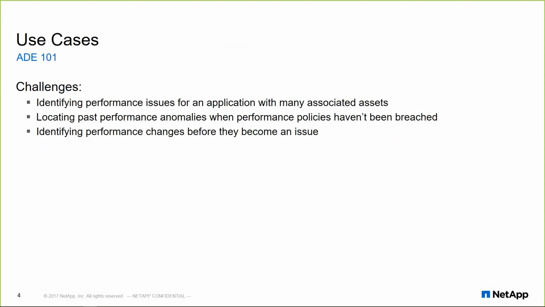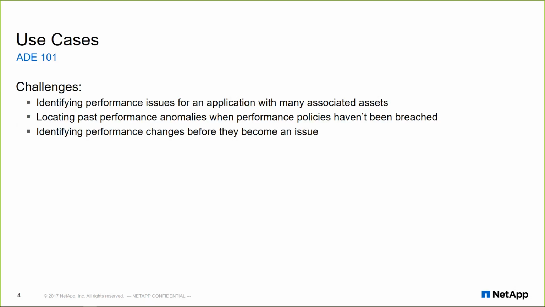When you're trying to look for potential problems, one way to do that is with something like performance policies alerting to let you know when particular things have been breached, as you're seeing with the second challenge there. But how do we do this if we've got 1,000 different assets? And what if our performance policies haven't been set up to the point where we're being notified?